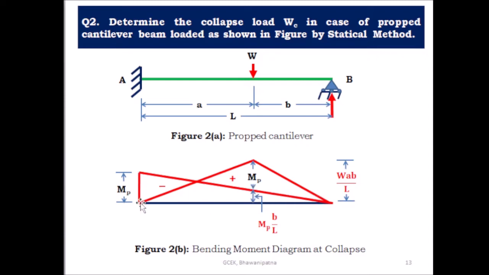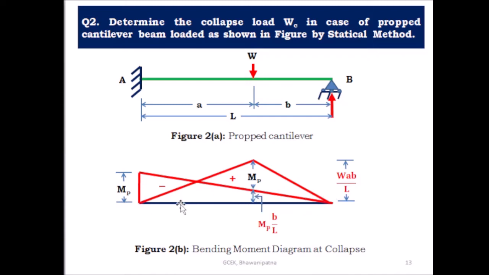If this moment is MP and this length is L, we have to find the moment at the loading point in the negative bending moment diagram. So this is equal to MP into B by L, because we have to take two triangles here.